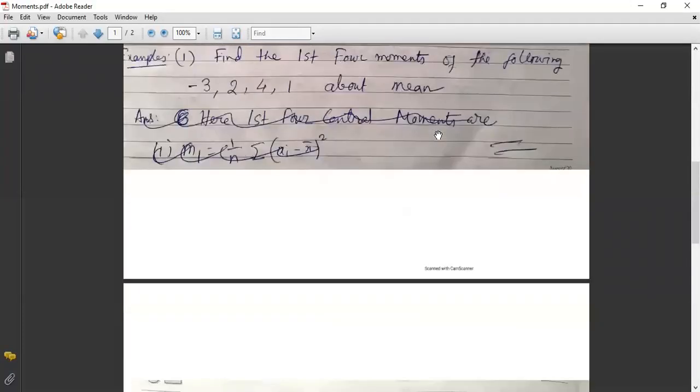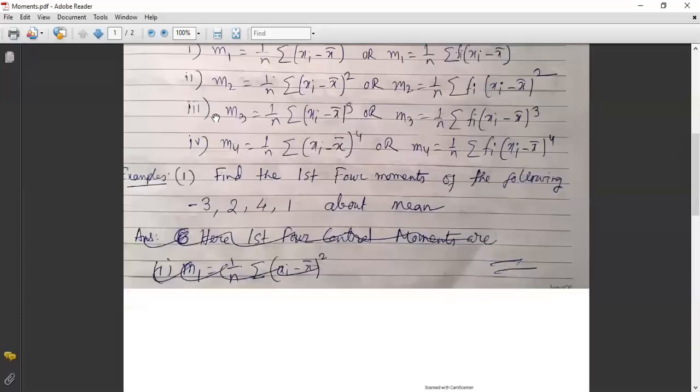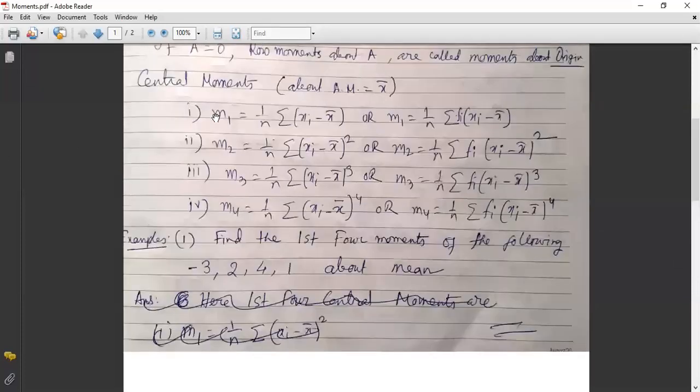There are -3, 2. So you have to calculate the first 4 moments. We use formula number 1 for the first order moment, formula number 2 for the second order moment, formula number 4 for the fourth order moment. How can we calculate that? Just go for the first order calculation.